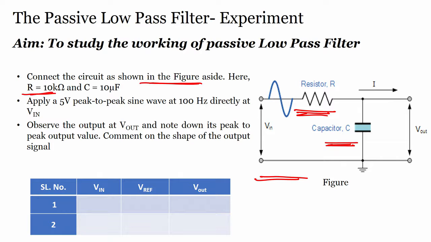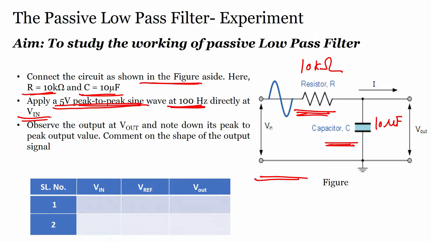Here R equals 10 kilo ohm and C equals 10 microfarad. Now, we will apply a 5 volts peak to peak sine wave at 100 hertz directly to the V in.